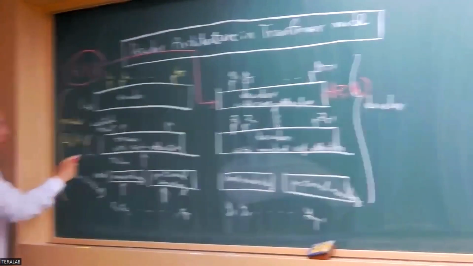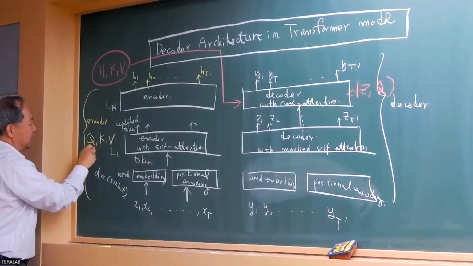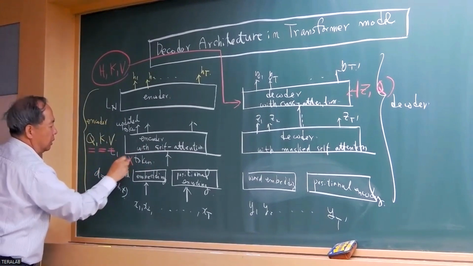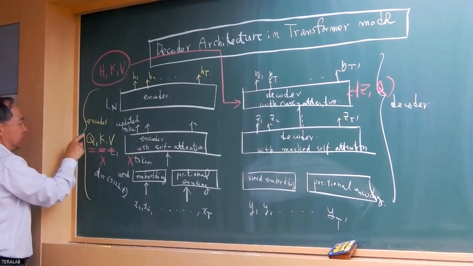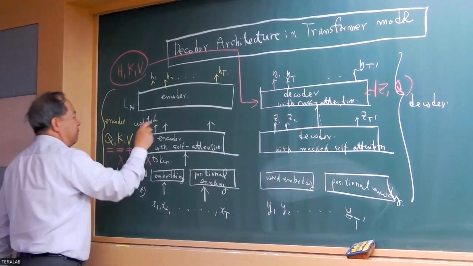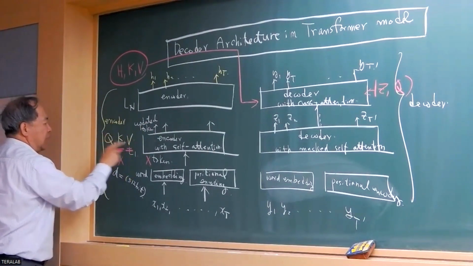Please remember that in encoder self-attention, they are calculating query, K, and V. Each token vector is multiplied by the query matrix to have query, key, and value.